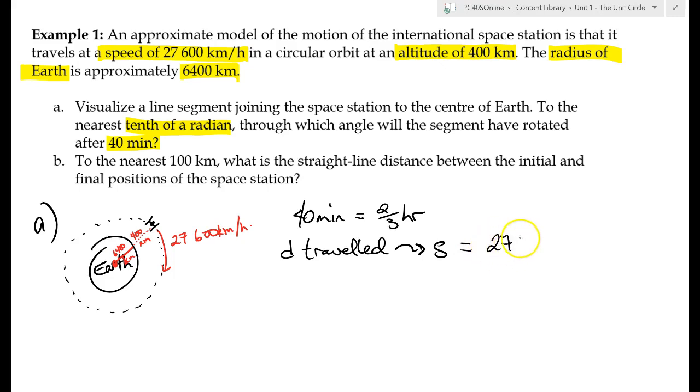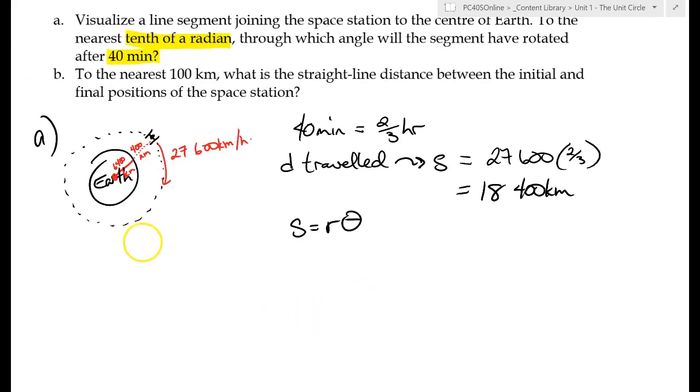So 27,600 times 2/3, which gives me an arc length of 18,400 kilometers. So that's great. That's a really far distance. Now I'm going to go back to that formula that I had here from last lesson.